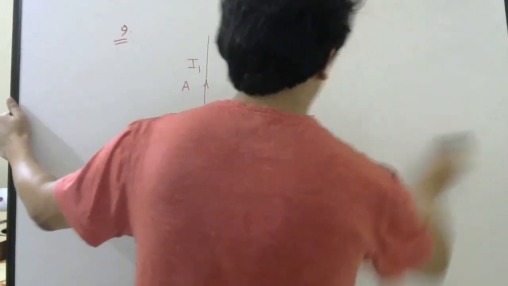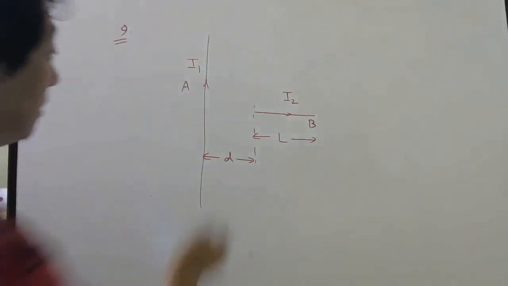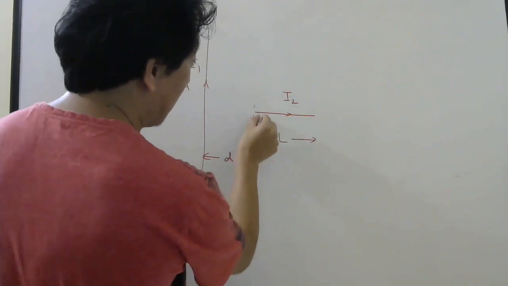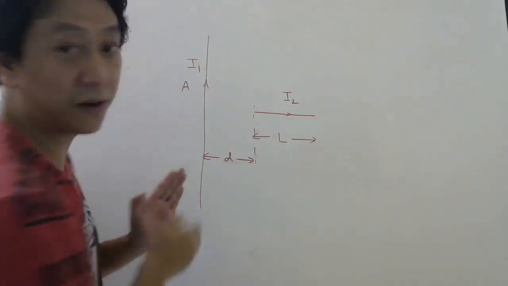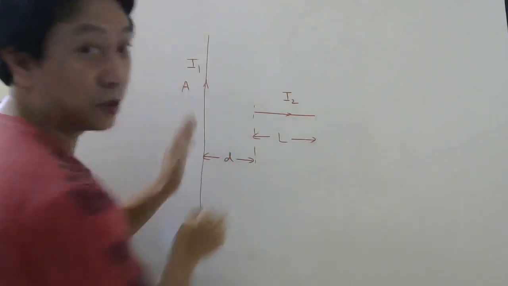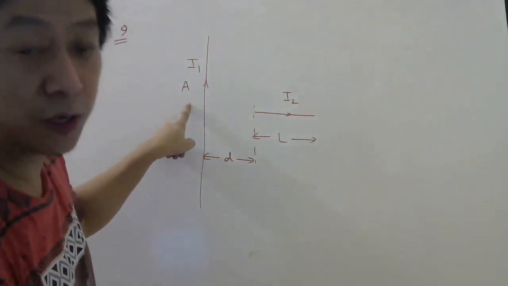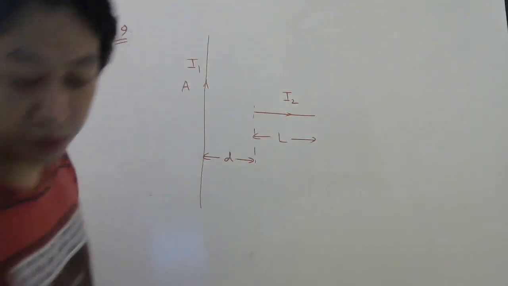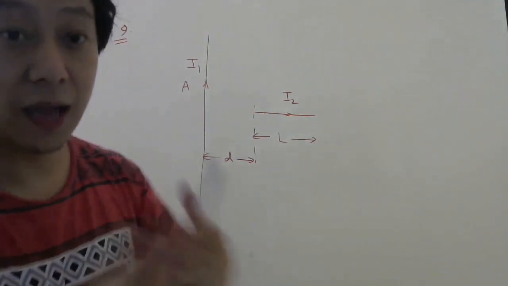So first of all, you have to understand that different parts of this wire are at different distances from this wire. Yes or no? So whatever magnetic field this wire will produce, that will not be the same everywhere. So directly we cannot use the ILB formula.